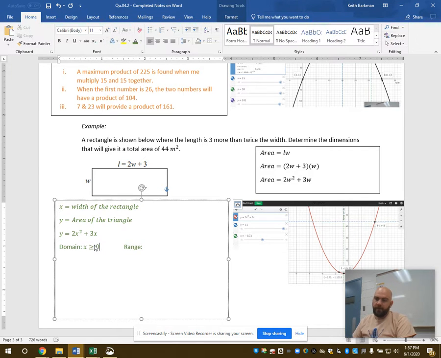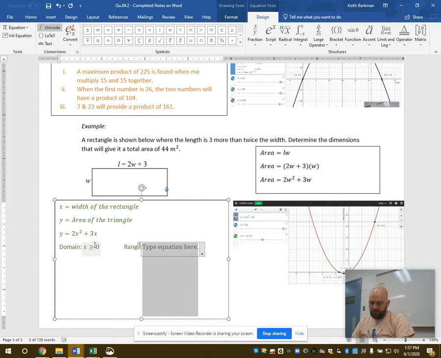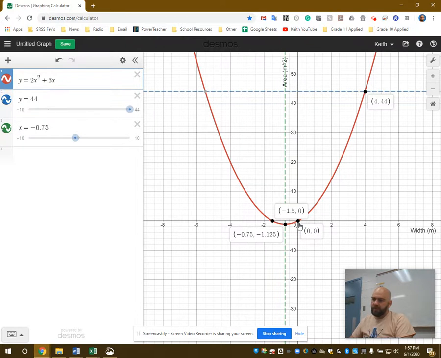That's all we need to put there. And the range: y is also going to be greater than or equal to 0 because we're starting at that 0 point. So we're starting here and we're going up. We can't have a negative width, so we can't go into the negatives. We're just going to go in the positives, and then anything is possible as it keeps going up to infinity.